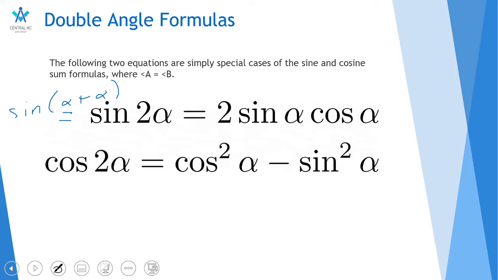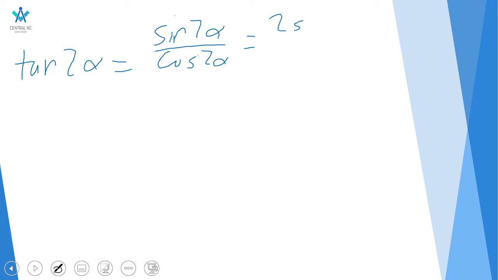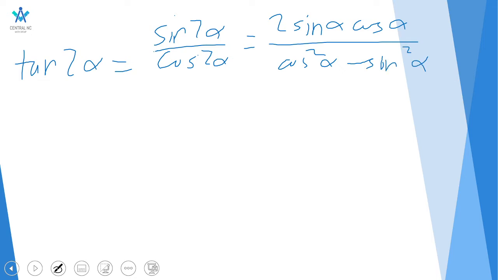So we're going to plug in this for that and that for that: 2 sine alpha cosine alpha over cosine squared alpha minus sine squared alpha.